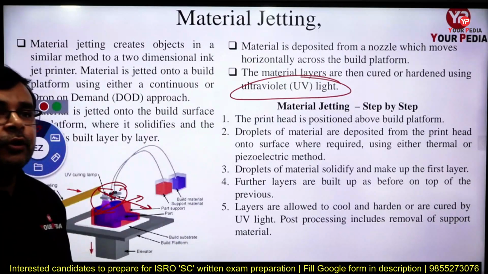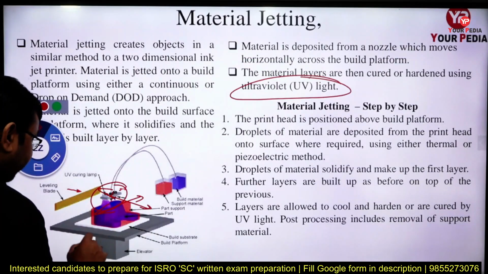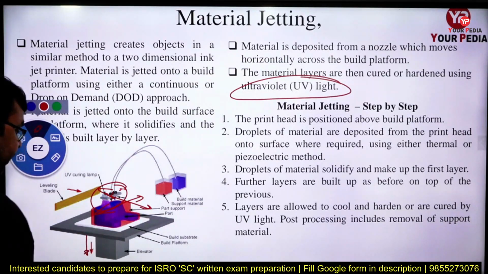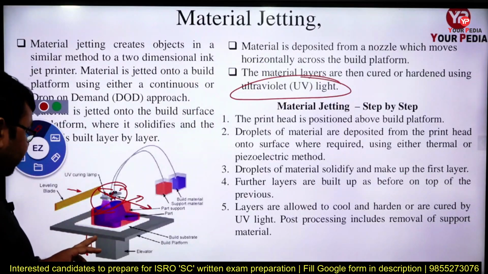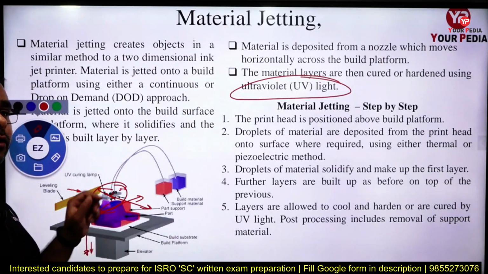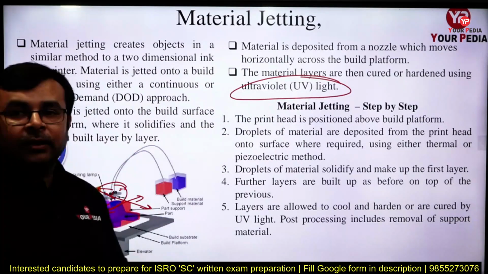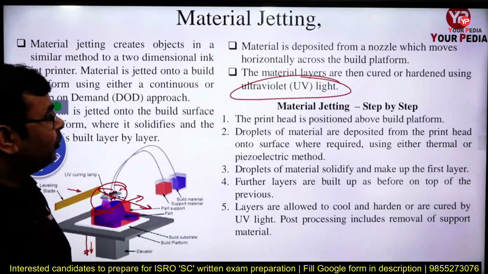Again we use UV light as a heat source to cure, and you can see this platform can move in the downward direction, yes or no. So vertical motion is provided to the build platform and the horizontal motion is provided to the nozzle itself, and again here we use ultraviolet rays to cure the binder, yes or no.